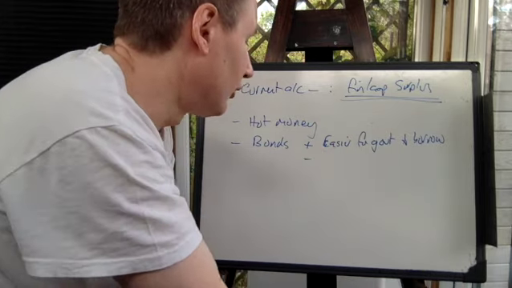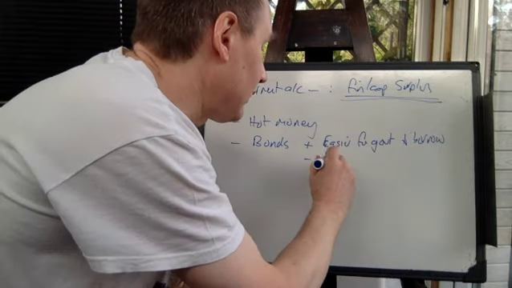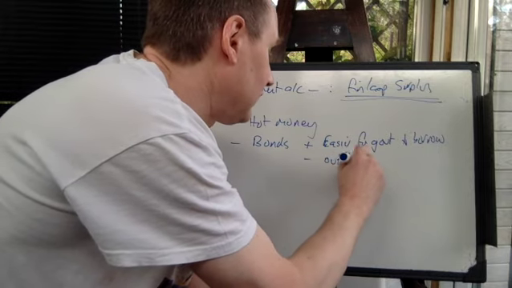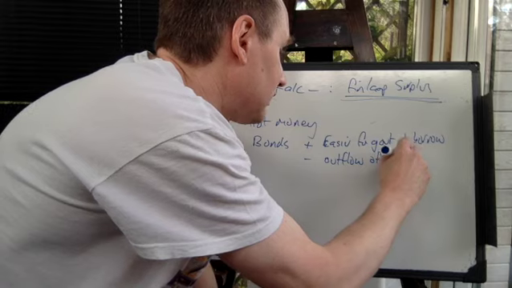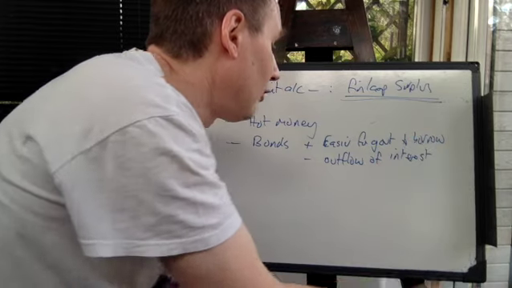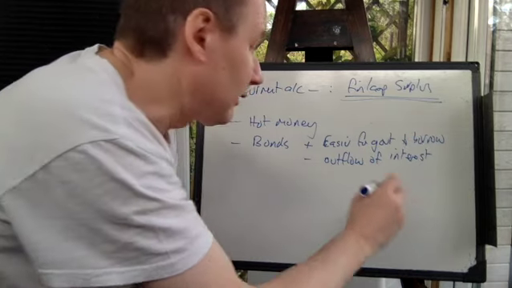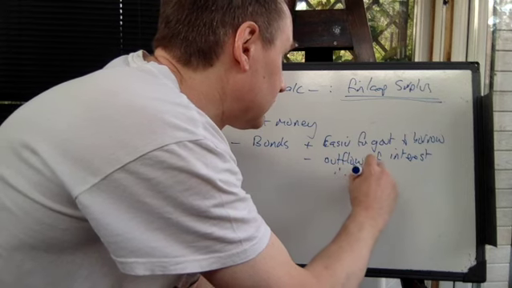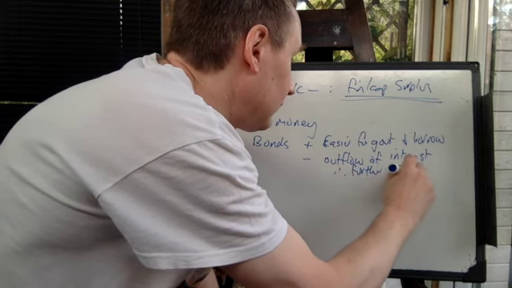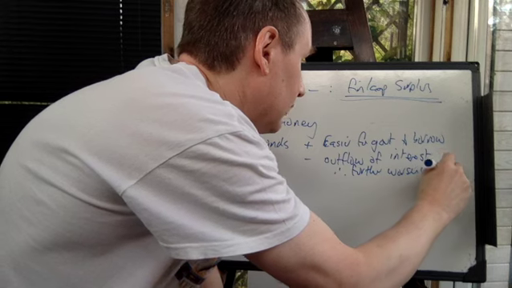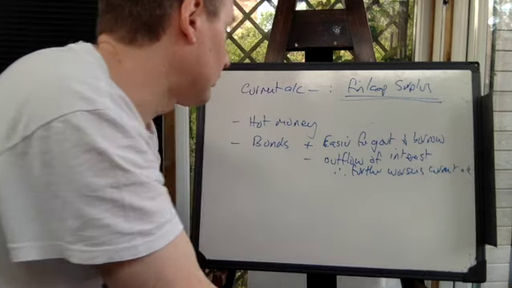But the obvious drawback is there's an outflow on the current account of interest on those bonds, and therefore that further worsens the current account in the long term. So that's a potential concern.